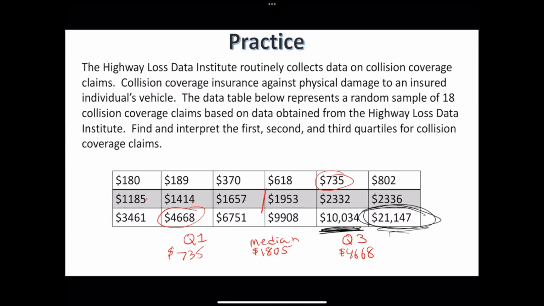So if we had an even number and Q1 fell in the middle, we just add up. You would do the same thing, like if it was right here, you would do 618 plus 735 divided by 2. Yeah, you treat it exactly like the median. Okay. Yeah, good question. Good job. Thank you.